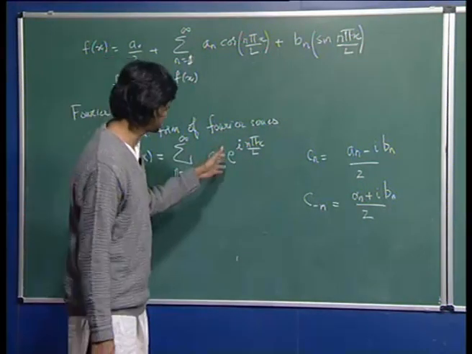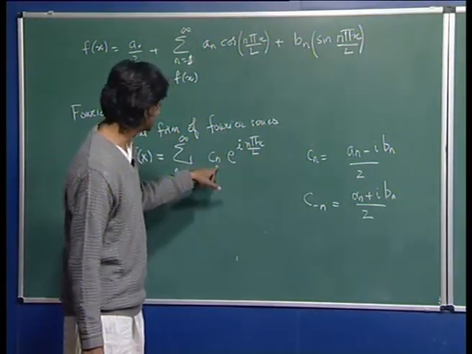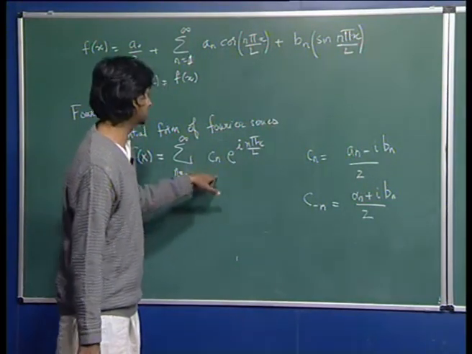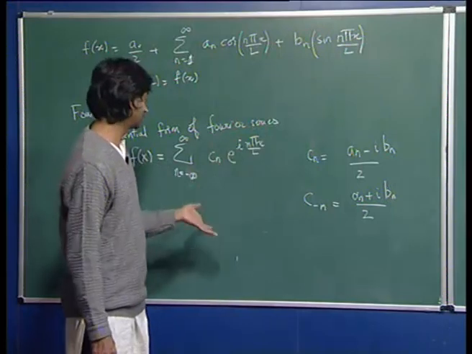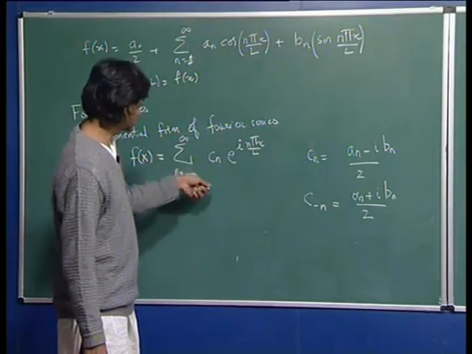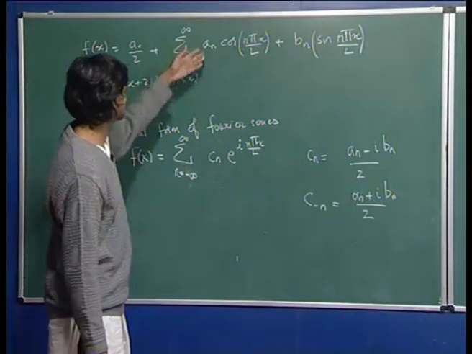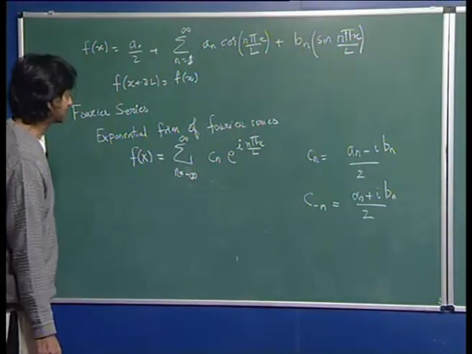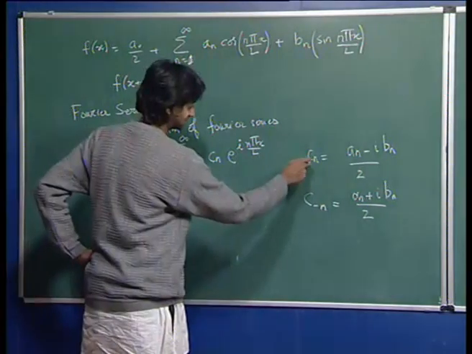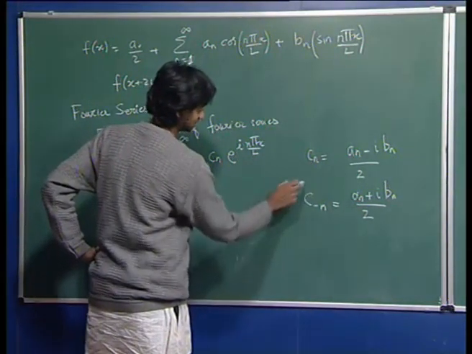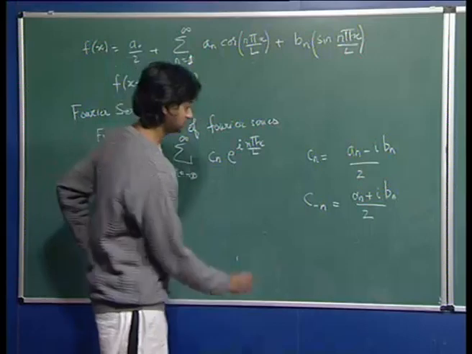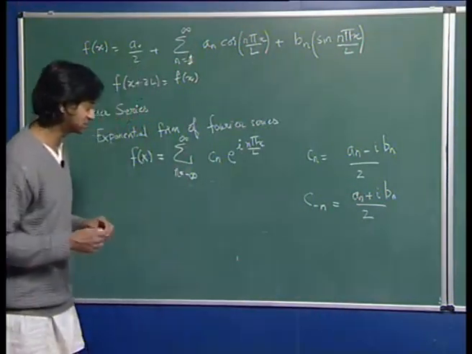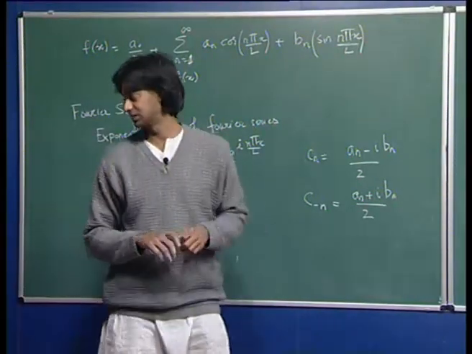And then for C_1 you will have C_1 e to the i pi x by L, then you will have C minus 1 e to the minus i pi x by L. When you combine those two, you will get something that relates to a_1. So, by inverting the relation, you can show that C_n is this and C minus n is this. So, this is the exponential form of the Fourier series, and this is also something that is commonly used.